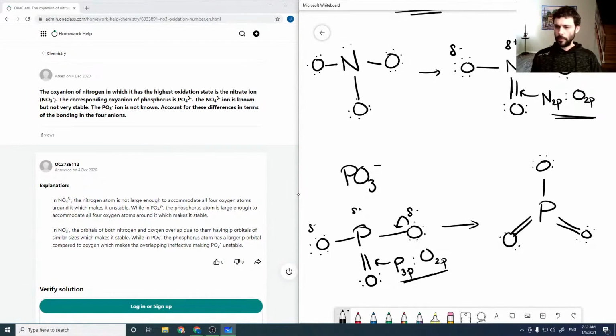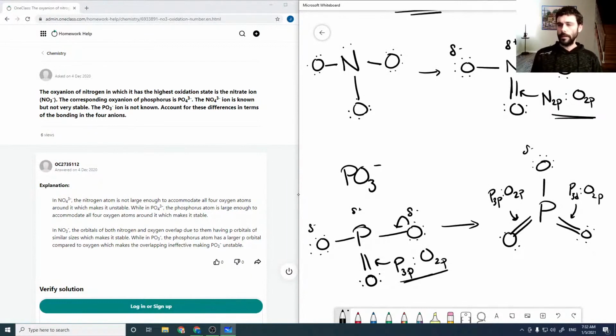But then, of course, this would be a 3p overlapping with an oxygen 2p and a 3d overlapping with an oxygen 2p, which might be a little better, but still not perfect.